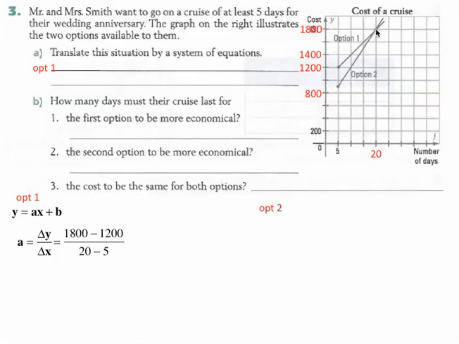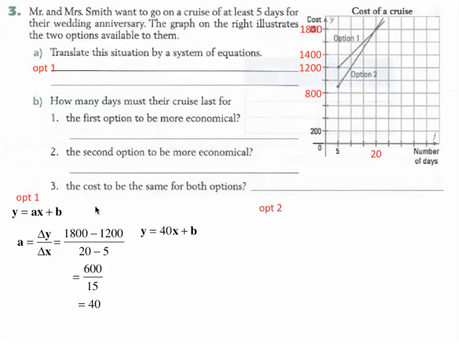So our y2 is 1,800. Our y1 is way down here at 1,200. So 1,800 take away 1,200. Our x2 is at 20 and our x1 is at 5. So 20 take away 5. Okay, so that gives us 600 divided by 15, which is going to be 40. So the a is 40.